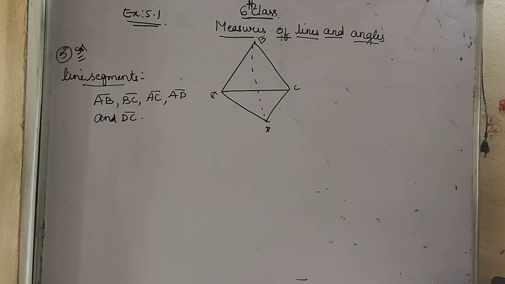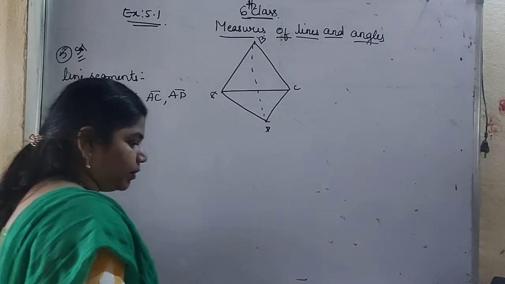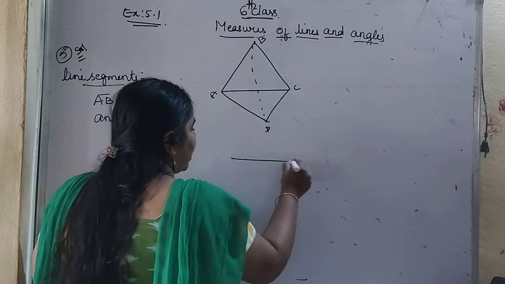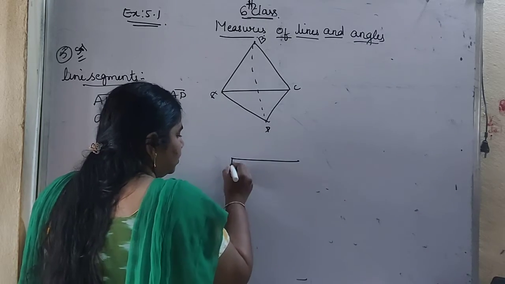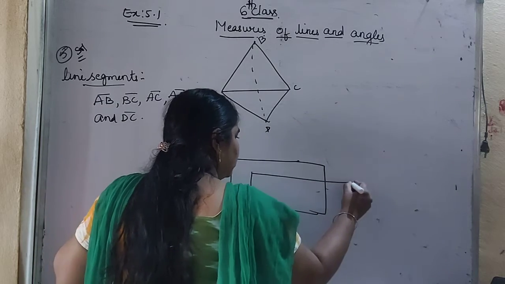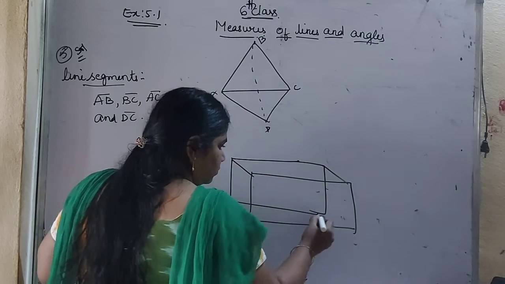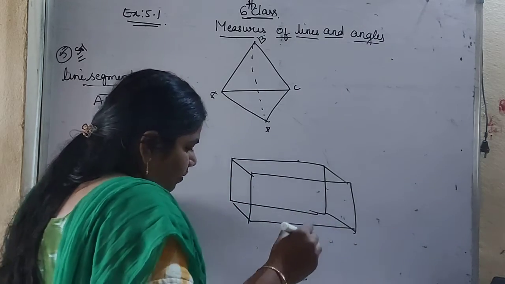So for every vertex you have to take one alphabet, you have to take one variable and write the line segments. So if you take the box, what they have taken, this is in the form of cuboid. So the box is in this way.